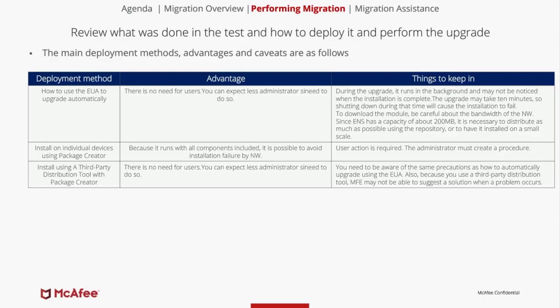Similar considerations need to be made as with the first one with regards to network restrictions or possible bandwidth limitations. And keep in mind that you'll want to make sure you follow local install type instructions if you're using a third-party deployment tool, as McAfee support might not be well versed in the deployment method that you choose to use other than EPO.